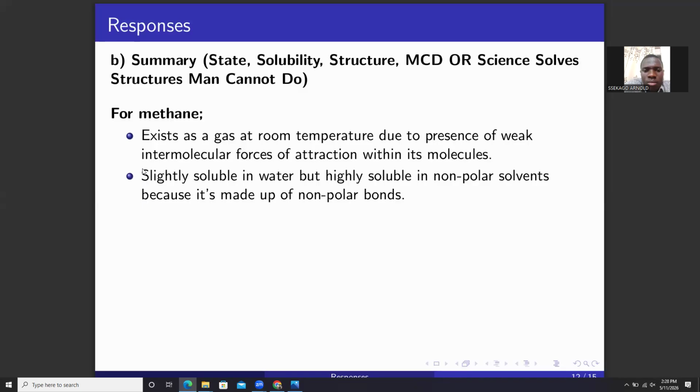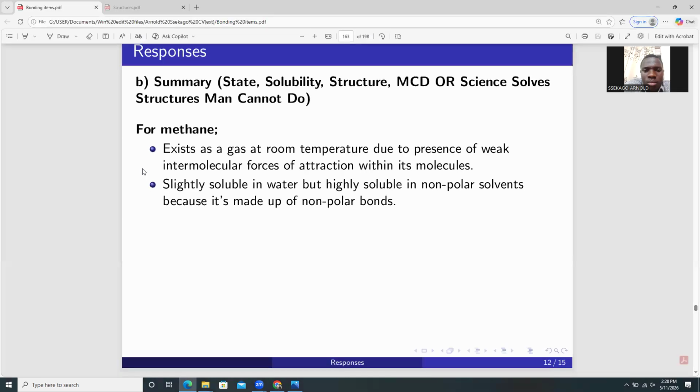Those bonds are non-polar. A bond which is non-polar cannot split due to difference in charges of the bonding atoms. Methane is made up of carbon and hydrogen, and the bond, the line between carbon and hydrogen, is non-polar.